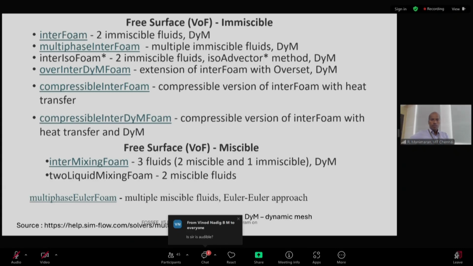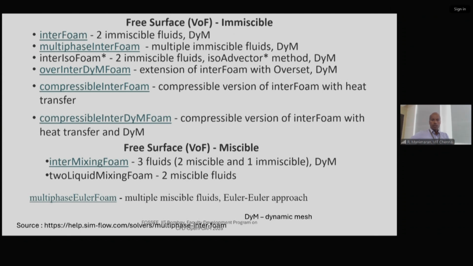Then compressibleInterDyMFoam is for dynamic mesh applications. For mixing applications, we have interMixingFoam for three fluids, two miscible and one immiscible. Then twoLiquidMixingFoam is for two miscible fluids, and so on. And then multiphaseEulerFoam is for multiple fluids using the Euler approach.